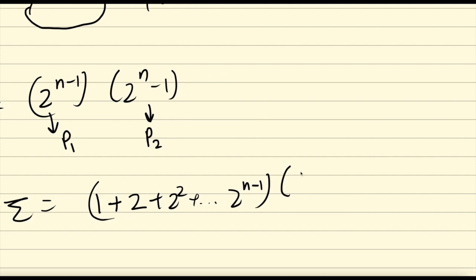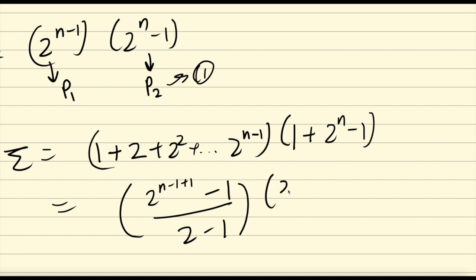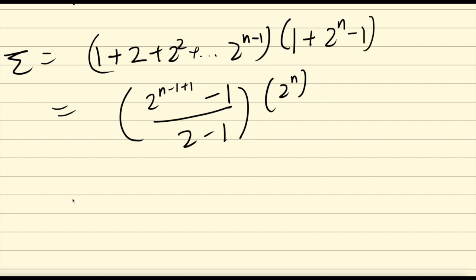And we can also multiply by the sum of all the p2 powers, which as it turns out is just 2 to the power n minus 1 to the power 1, right? And now by the sum of geometric series formula, we get 2 to the power n minus 1 plus 1 minus 1 divided by 2 minus 1, because that is the common ratio, and we get this as 2 to the power n, right? And now we can write this as 2 to the power n minus 1 into 2 to the power n.